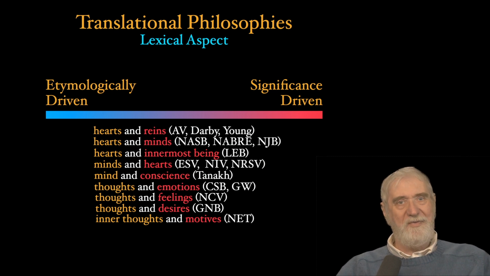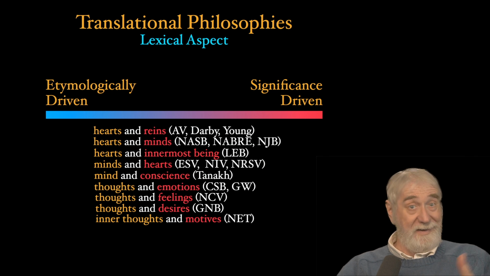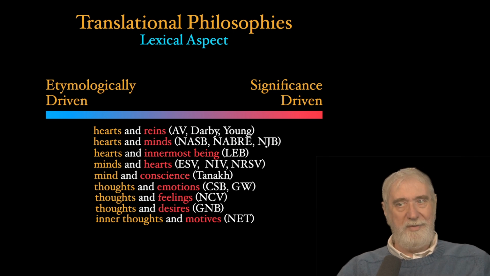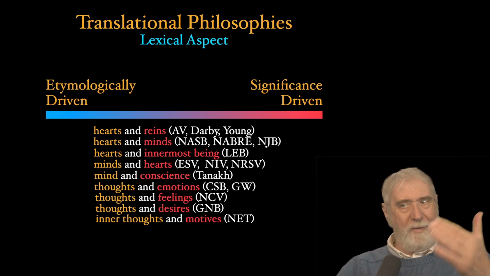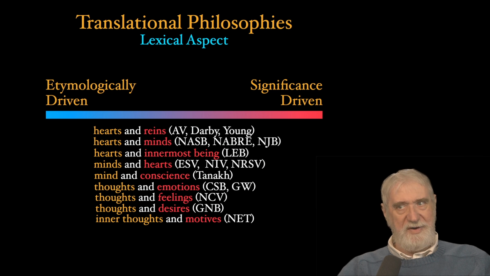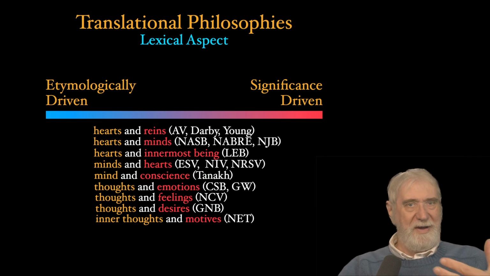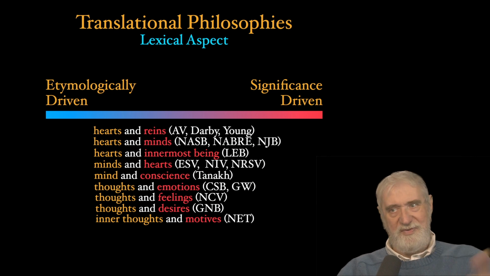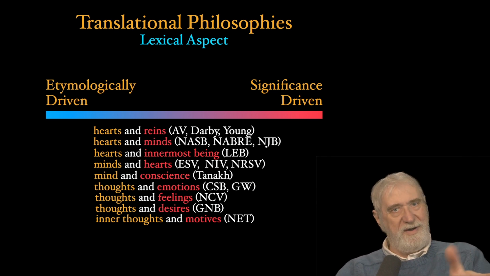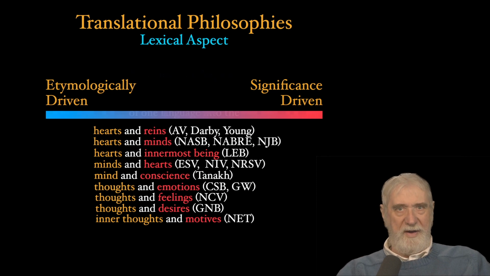There is a lot more variety here between reins, which is an old word for actual liver, and then nobody else actually translates it in that literal sense of liver. It's always mind, in some cases, or innermost being, heart, conscience, emotions, feelings. They're all trying to get at the more significance-driven approach to this particular phrase.